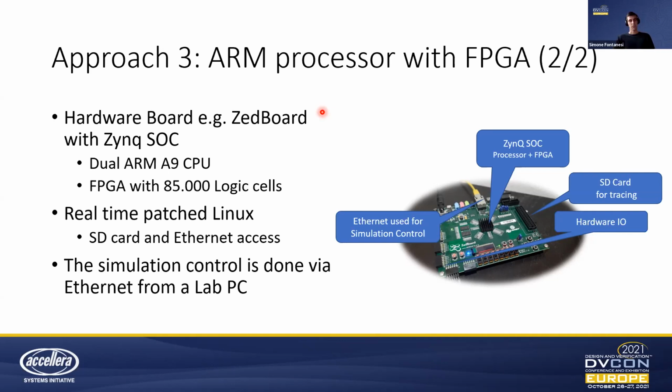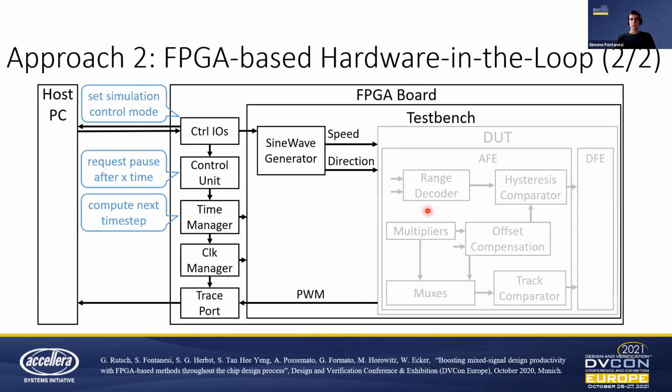So for approach number 2, as I said, everything was synthesized to the FPGA. For the analog parts, maybe I go back to that slide. This is our device under test, which means the magnetic sensor, and everything from the digital core to the analog front end was synthesized on the FPGA. In particular, we used an automatic conversion tool from Python to synthesizable SystemVerilog.